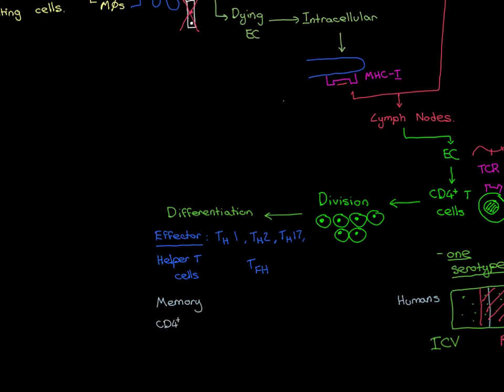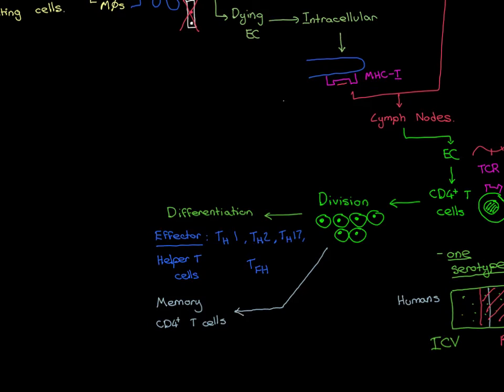So I'll just cover memory CD4 positive T cells because they're a little bit more simple, because there's only one type of those rather than 4 different types. So, memory CD4 positive T cells, it's a very simple concept. If we get infected by the pathogen again, we might want to initiate this same adaptive immune response.